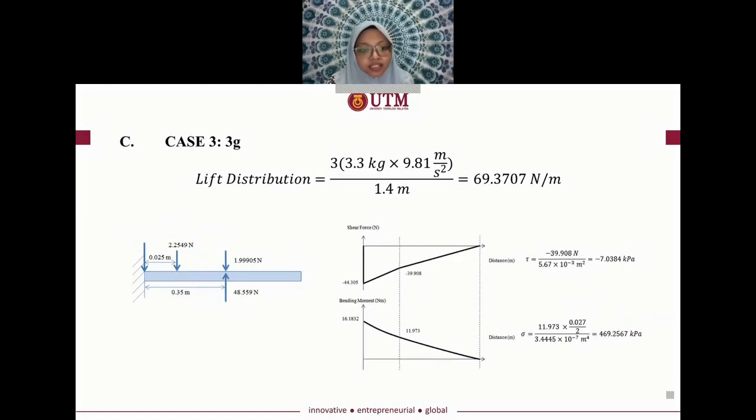As for the third case, G equals 3, by referring to this figure, the central fuselage once again becomes the most crucial part, as it needs to withstand the highest amount of shear force and bending moment before finally reaching zero at the wingtip.